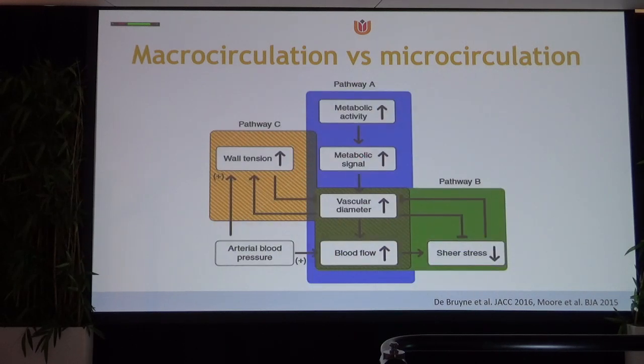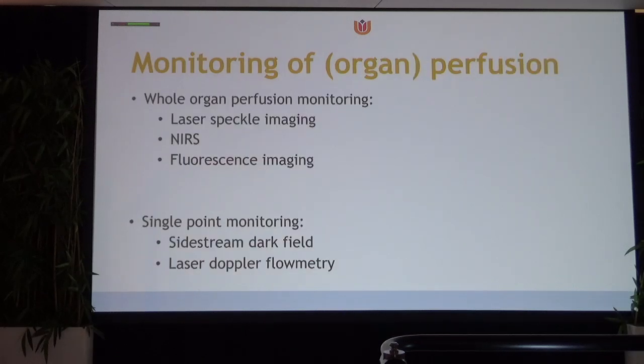And more did a nice overview in the BJA of what is regulating the microcirculation. And indeed this is pressure, this is flow, this is metabolic influences, and this is shear stress, for example by hematocrit.